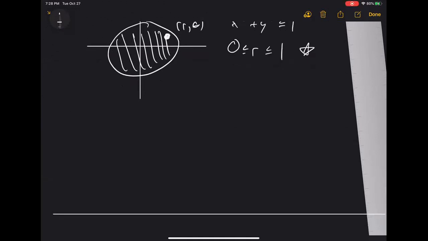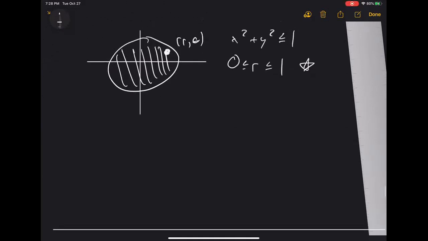We're saying the radius is always between 0 and 1. What about my angle? A point here is a certain angle, a point here is pi over 4, and this point here is pi over 2, etc. And I have all these points going around until I reach 2 pi. So to make a full circle, I should have theta between 0 and 2 pi.